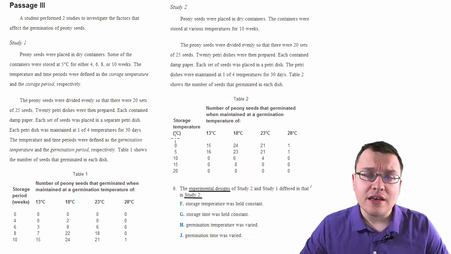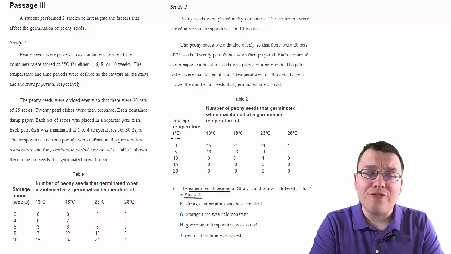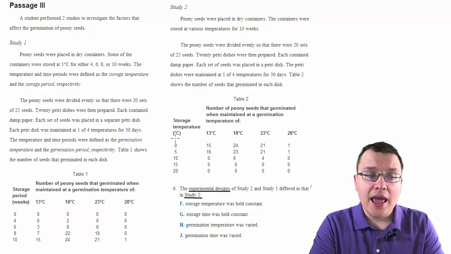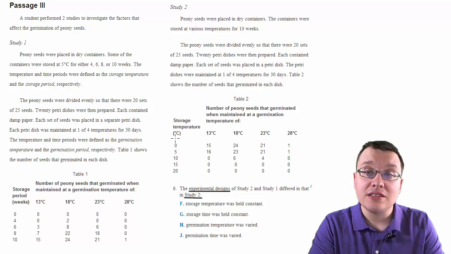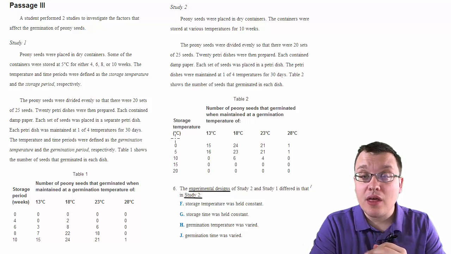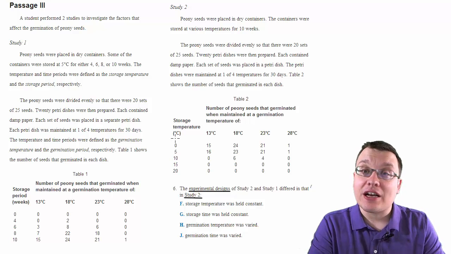The key idea in a scientific experiment is, if you're trying to see what factors affect some change, some outcome, you need to make sure that, as much as you can, every other factor that could affect the outcome is held constant from trial to trial. That way the only thing that you're varying is the one factor that you're trying to determine whether or not it has an effect on the outcome.